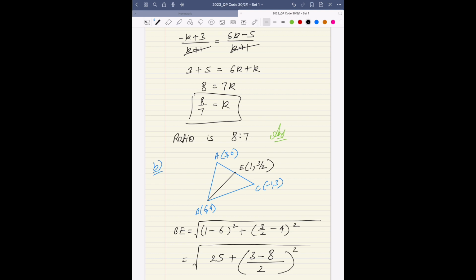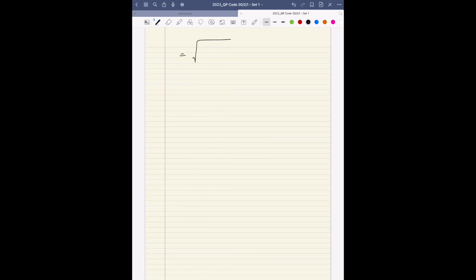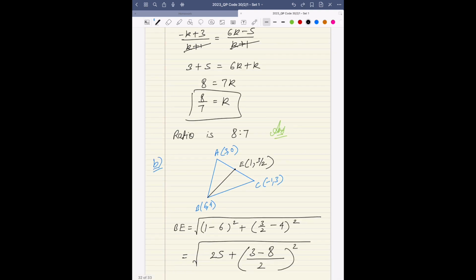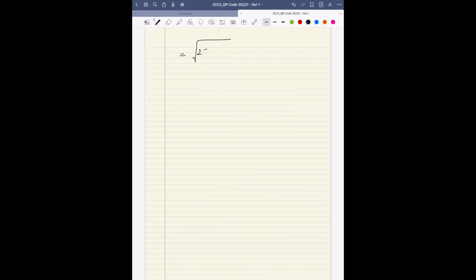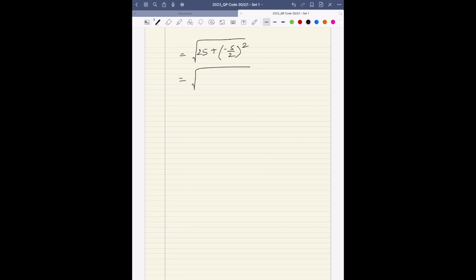Now 3 minus 8 is nothing but minus 5. Sorry, this is 25 plus minus 5 by 2 whole square. It's going step by step since fractions are involved. 25 plus 25 by 4.